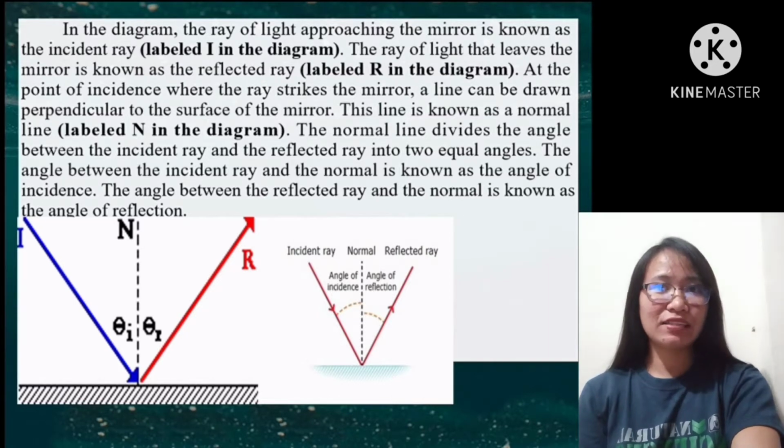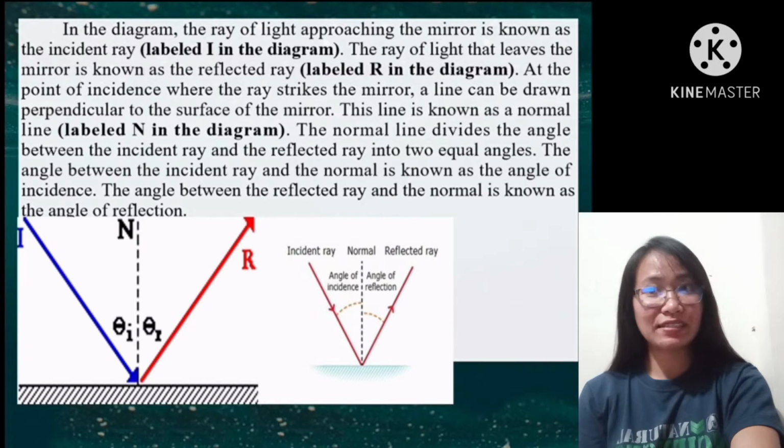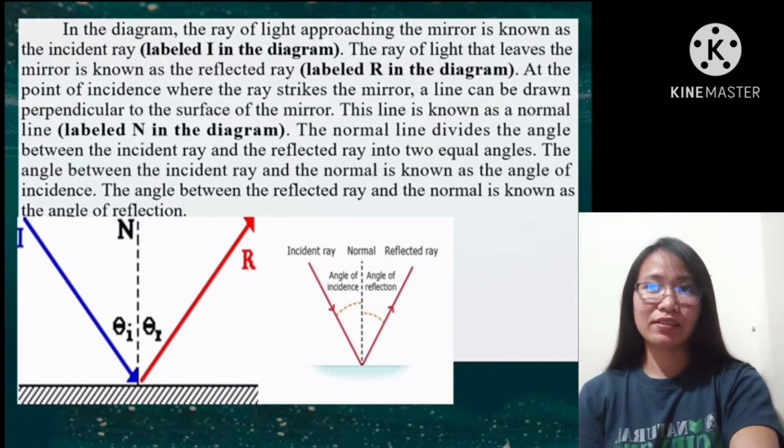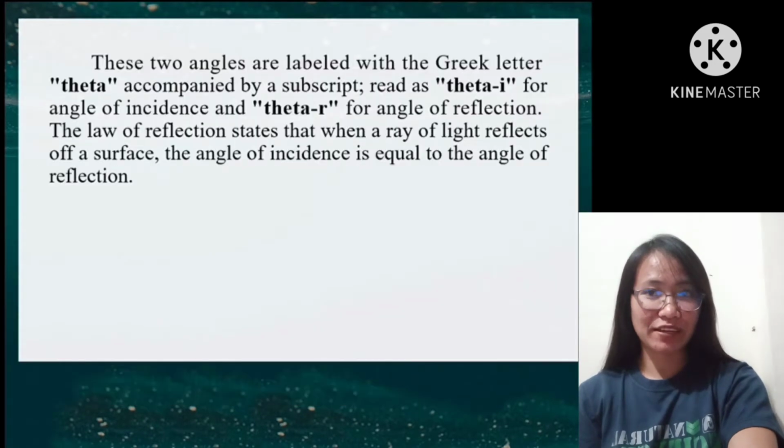The normal line divides the angle between the incident ray and the reflected ray into two equal angles. The angle between the incident ray and the normal is known as the angle of incidence, and the angle between the reflected ray and the normal is known as the angle of reflection.